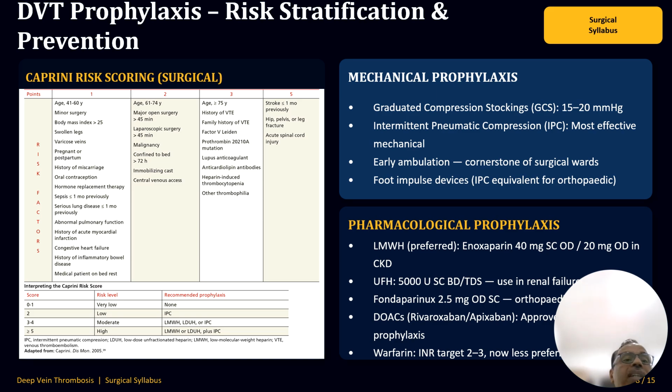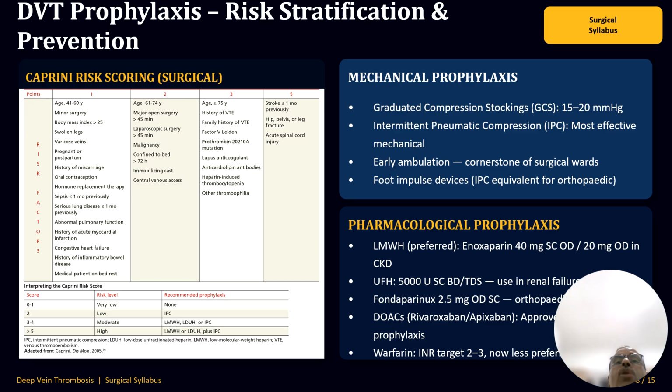If the Caprini risk score is 3 to 4, then the risk level of development of DVT is moderate, and in such cases we use low molecular weight heparin or intermittent pneumatic compression. And if the Caprini score is more than 5, then the risk level is very high for development of DVT. In such cases, we use low molecular weight heparin, plus you have to combine it with intermittent pneumatic compression.